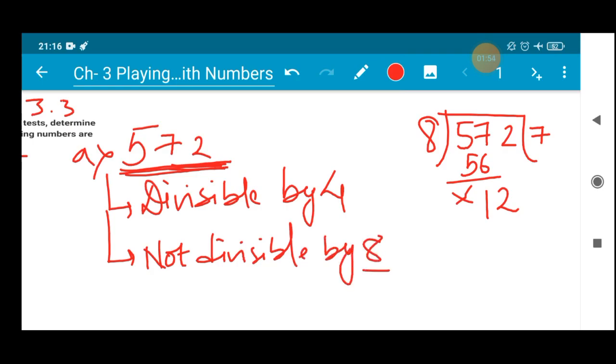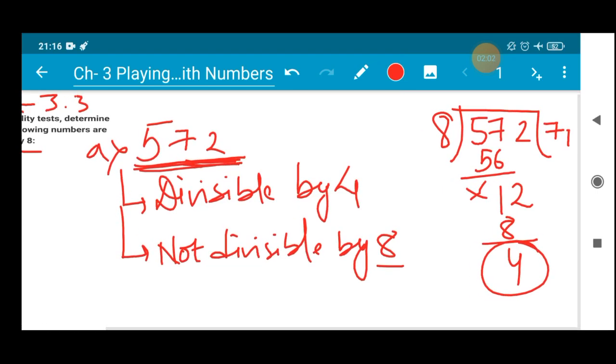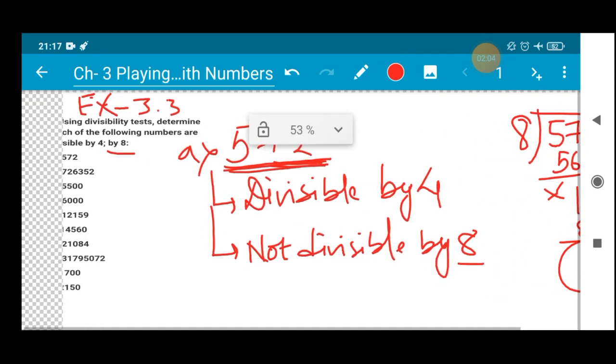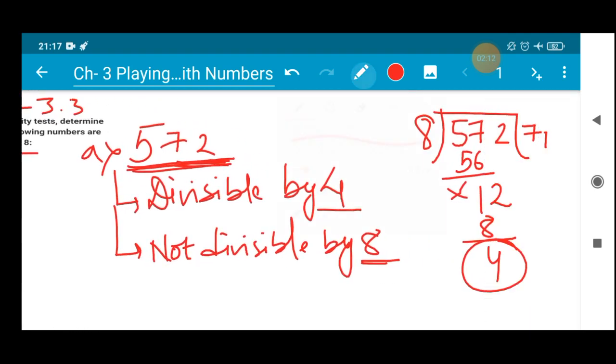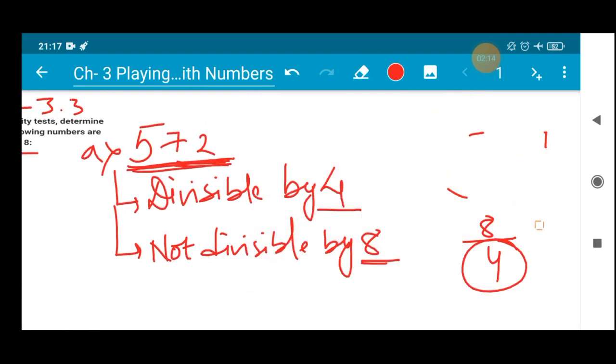You just saw that your remainder is not 0, it is 4. If you get the remainder 0, that means the number is divisible properly. So using the trick for 4 and for 8, it was only divisible by 4 but not divisible by 8.